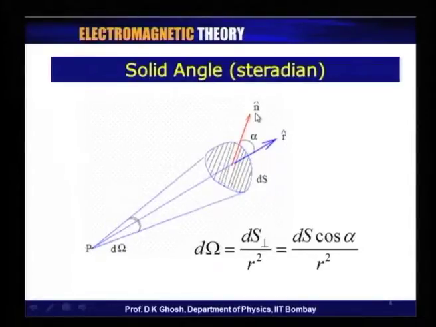But before we continue with it, we would like to introduce what is known as a solid angle. You are all familiar with the concept of an ordinary angle. You recall how one defines an angle in two dimensions.